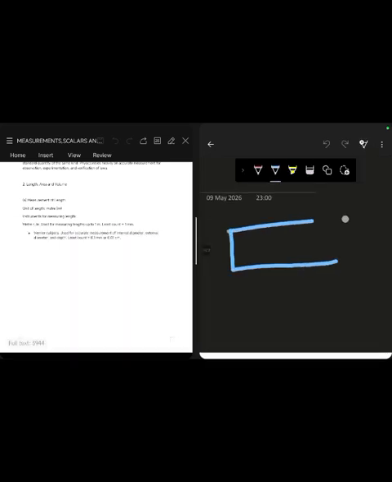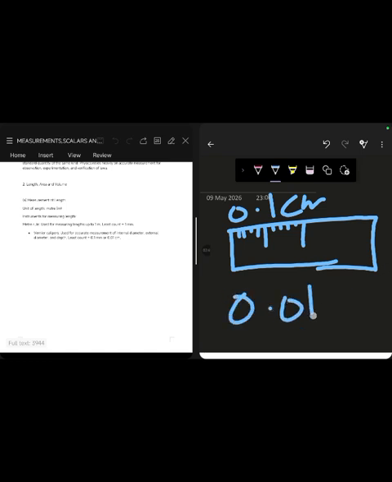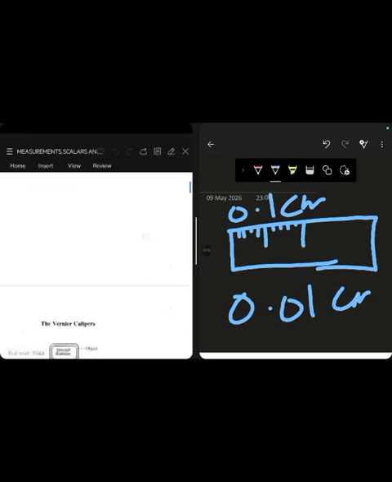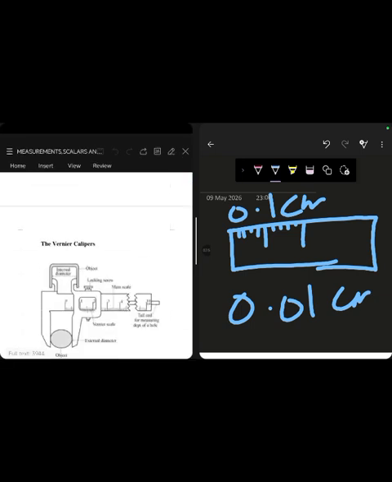When you draw your meter rule, you have 0.1, 0.2, 0.3, 0.4, 0.5, 0.6, 0.7, 0.8, 0.9, then 1. So you see each of them is 0.1 centimeters. So that's the degree of accuracy of your meter rule, while your vernier calipers has a degree of accuracy of 0.01 centimeters and is used for measuring internal and external diameters.